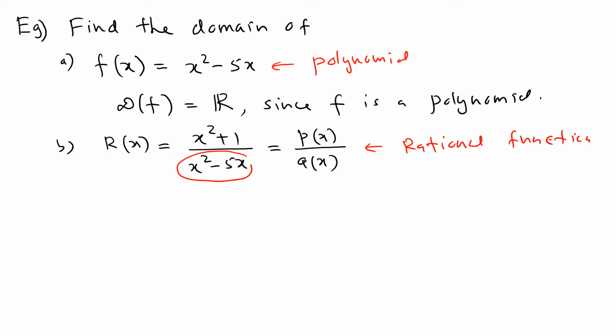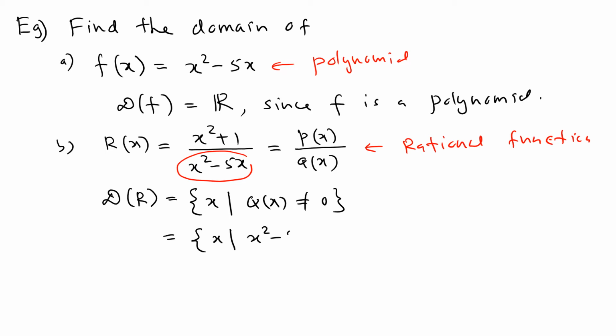So now what we're going to do is we're going to check. So by the definition, the way we argue, we see that the domain of R equals x such that the bottom function not equal to 0. So in this case, what we have is x such that x squared minus 5x not equal to 0.